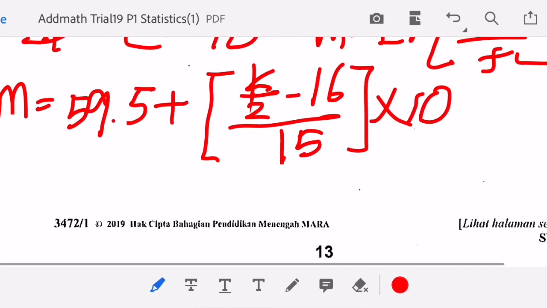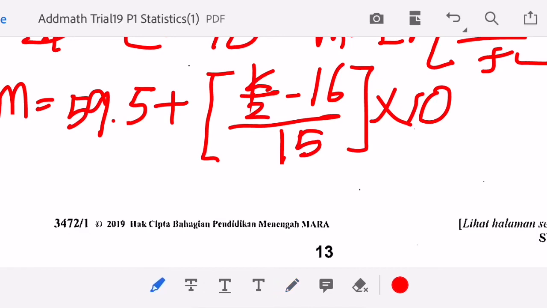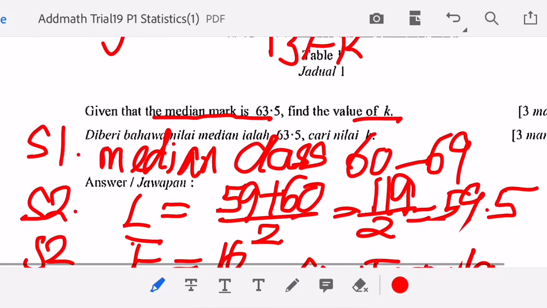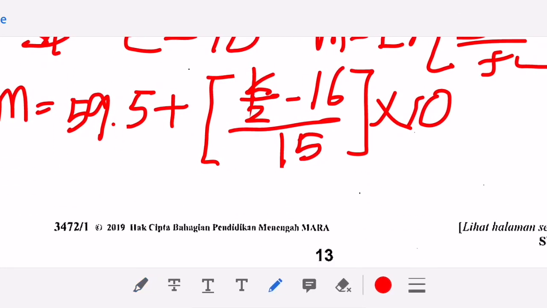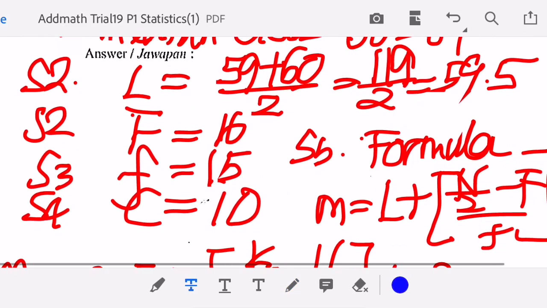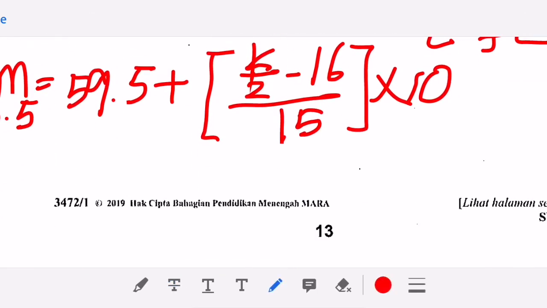So 63.5 equals 59.5 and so on. Then we try to solve to get the answer for K.